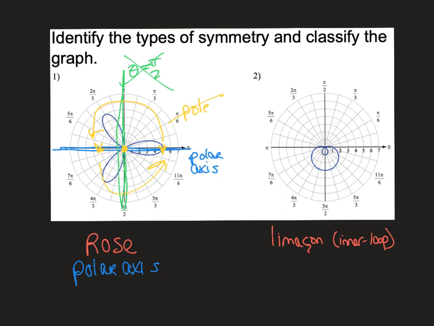And then here's the only symmetry that it has. I'm not going to walk through all 3 of them. The only symmetry that it actually is going to have is symmetry with respect to the line theta equals pi over 2. Because I can fold it hot dog style, and the right part sits back down on the left part. Okay?